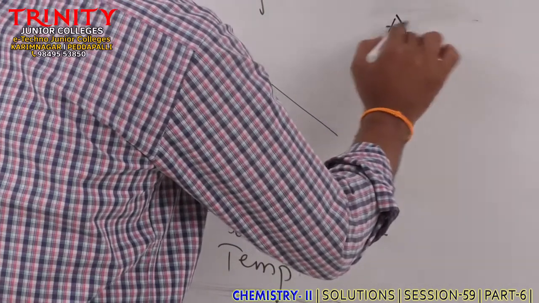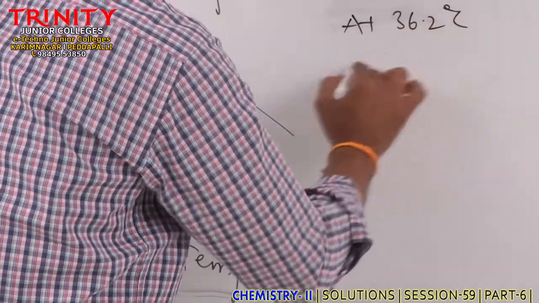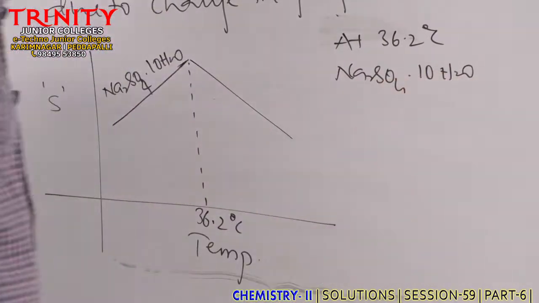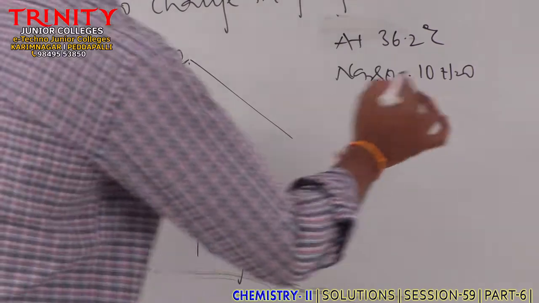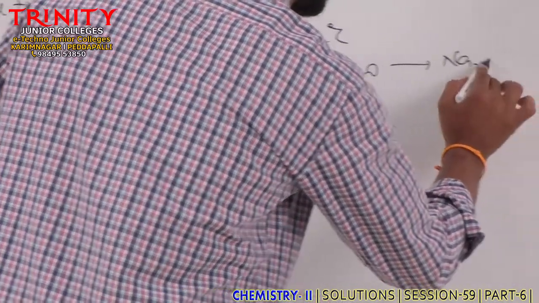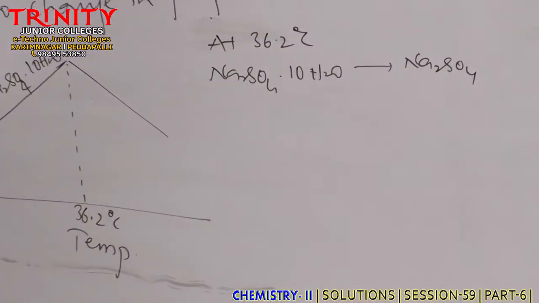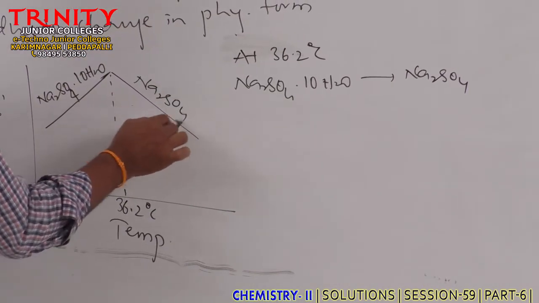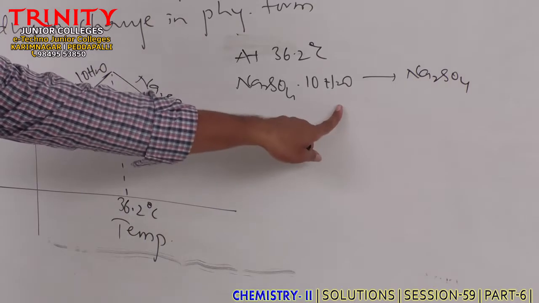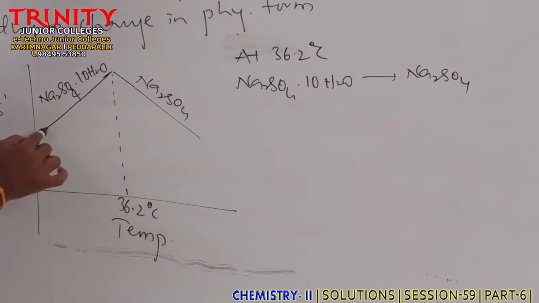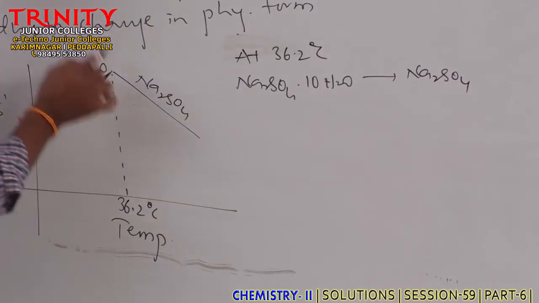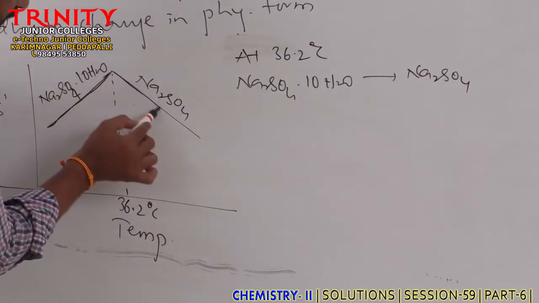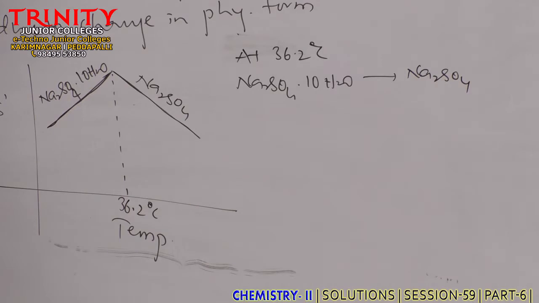So at 36.2 degrees Celsius, Na2SO4 10H2O, that is sodium sulfate decahydrate, converts into anhydrous sodium sulfate. Whenever it is present as a decahydrate, its solubility is directly proportional to temperature. Whenever it becomes anhydrous salt, its solubility is inversely proportional to temperature.